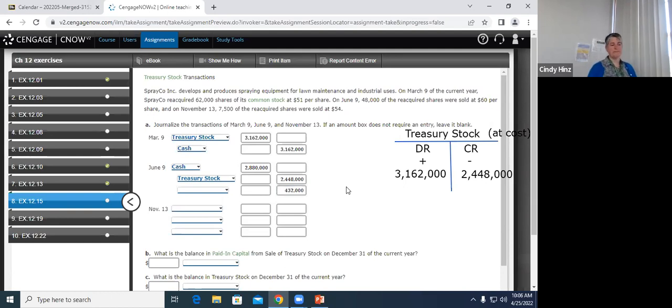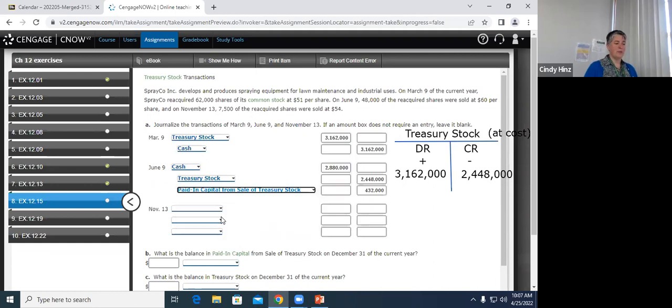$432,000. $432,000 represents, it's tempting to think of that as the amount we made on this sale. But again, it does not get reported on our income statement. We don't get to report making money by selling our own stock.